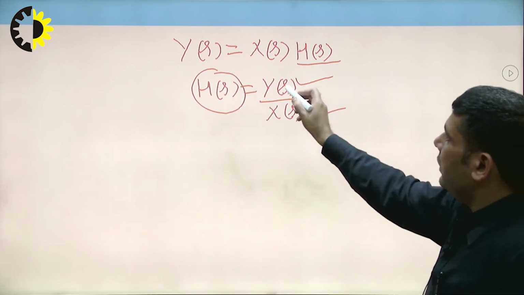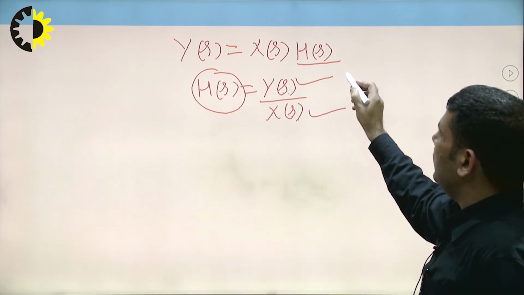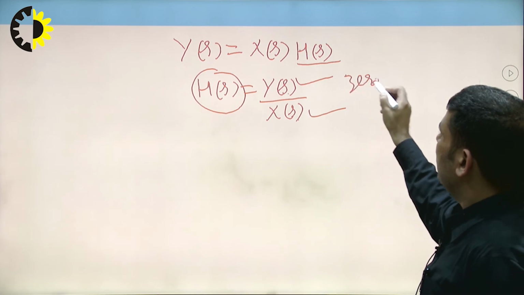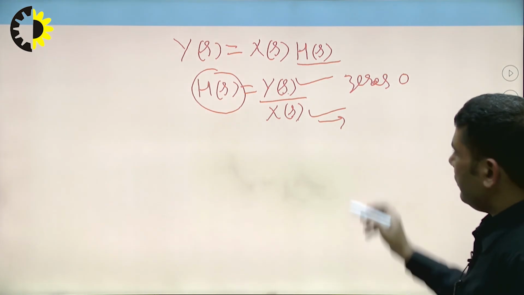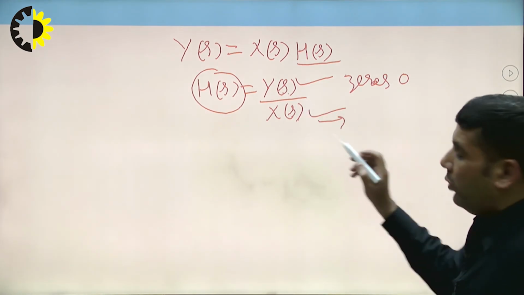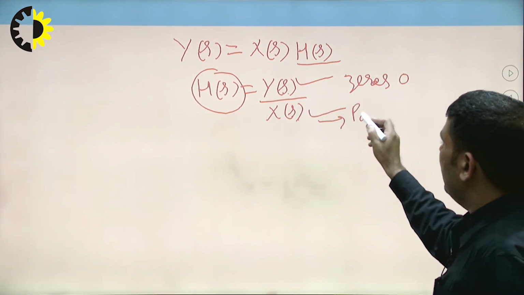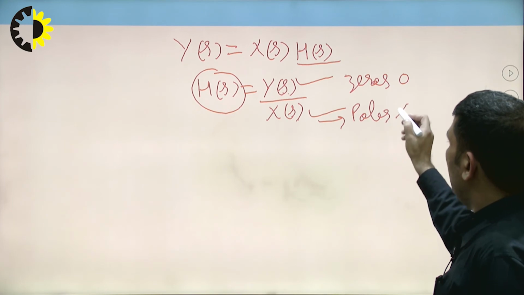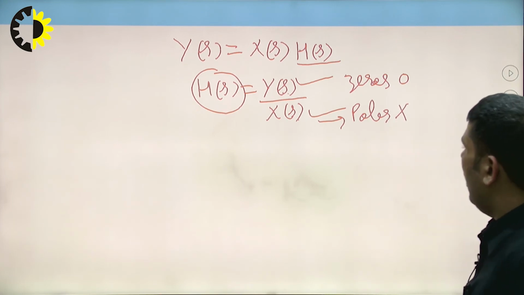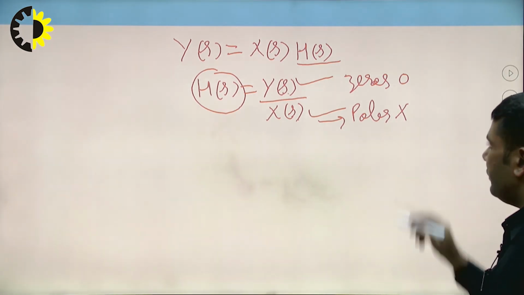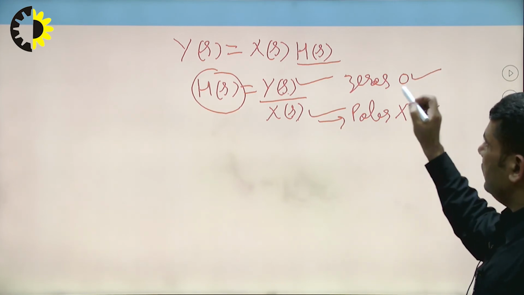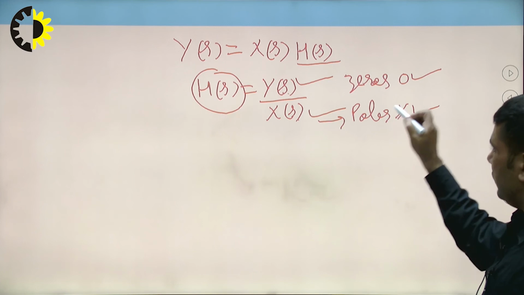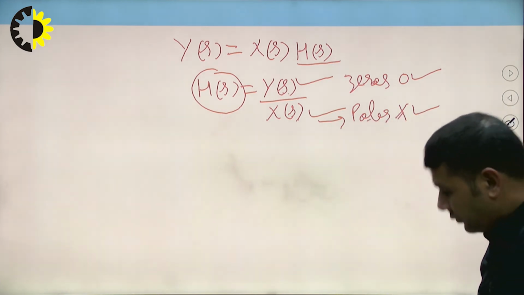Roots of the numerator are known as zeros and are represented by a small circle, and roots of the denominator polynomial are known as poles. They are represented by a small cross. Small circle for zeros and small cross for poles.